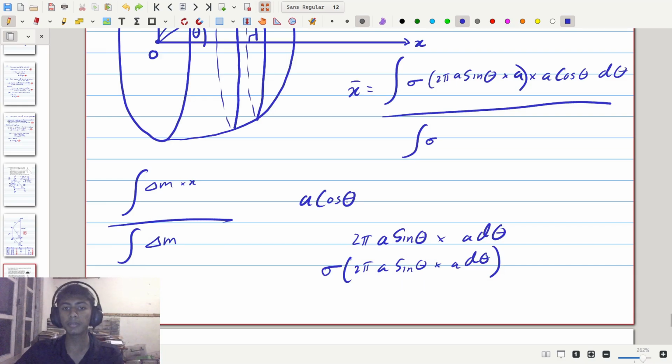So we have sigma times 2 pi a sine theta times a d theta, integrated with respect to theta.